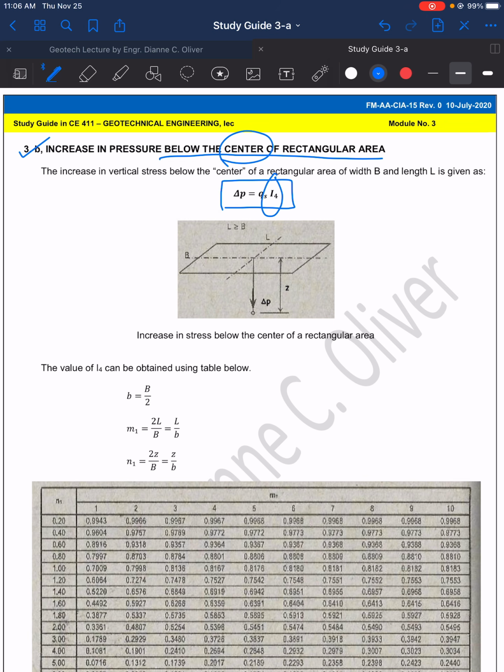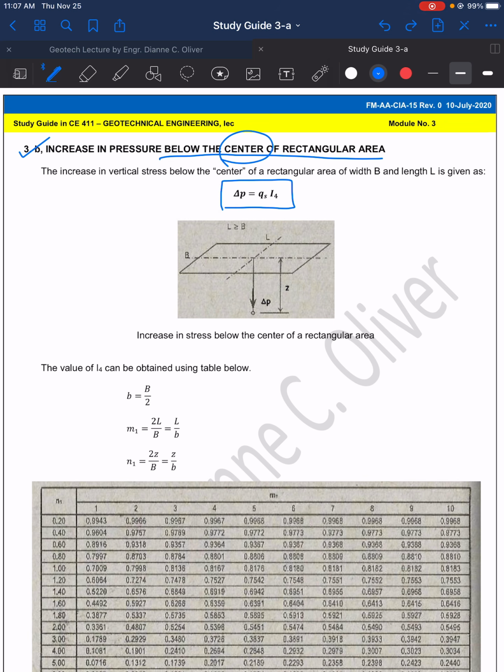Okay? So can you see now the difference of the two cases? The first case is the corner of a rectangle, where we are going to use I sub z. But here, for the center of the rectangle, we are using I sub 4. Okay.